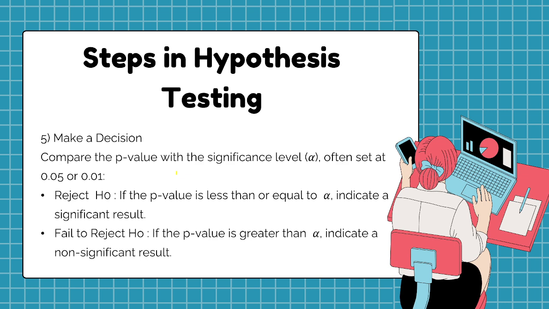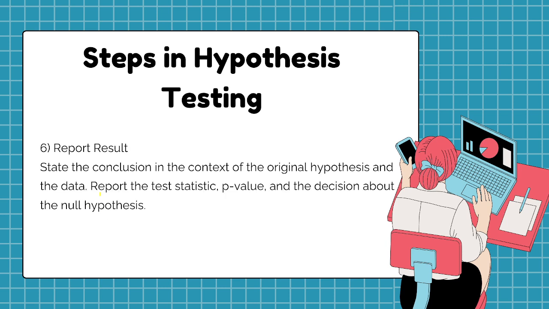So we are supposed to accept the null hypothesis. Previously we have reject, and also accept. The concern is the null hypothesis: what will happen to it, either we reject it or we accept it.